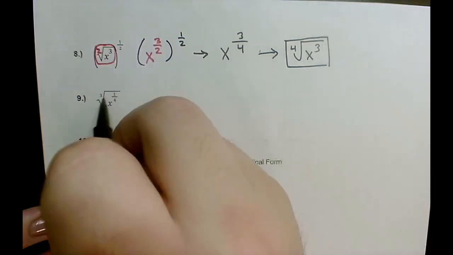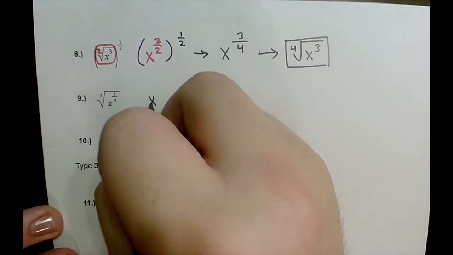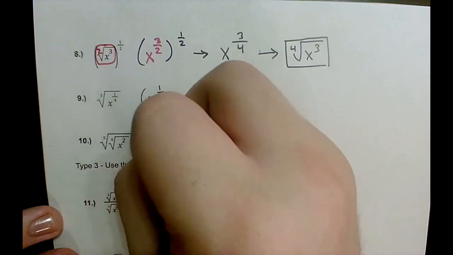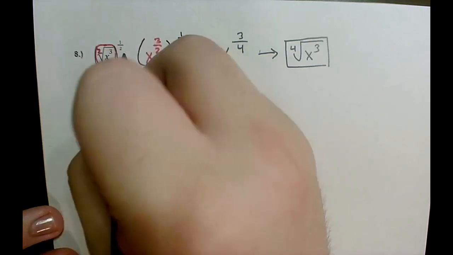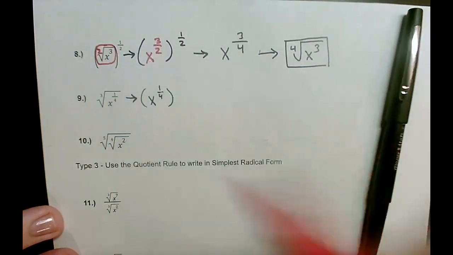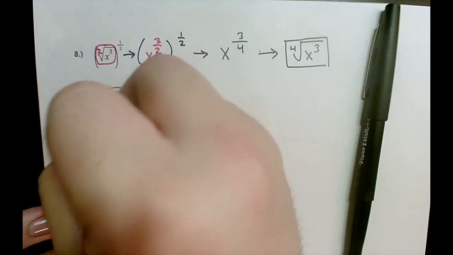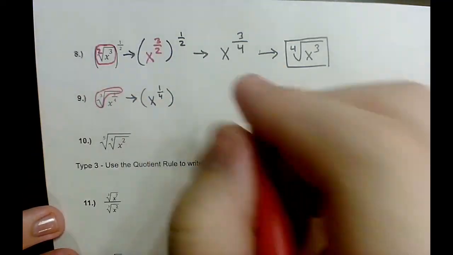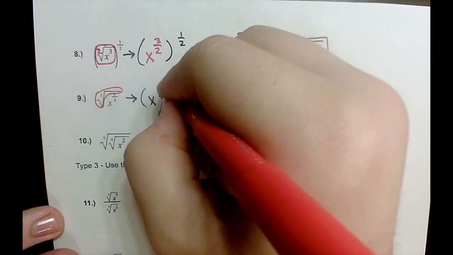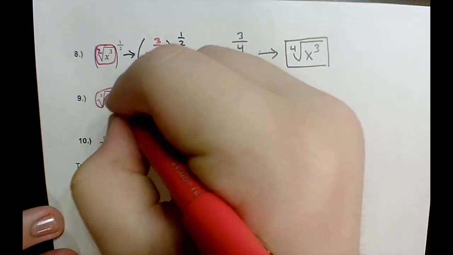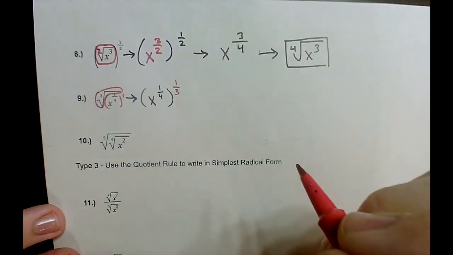Next one. The x to the 1/4 on the inside is already a rational exponent. But this cube root business, that needs to be written as 1/3. There's no power outside here other than the 1/4.